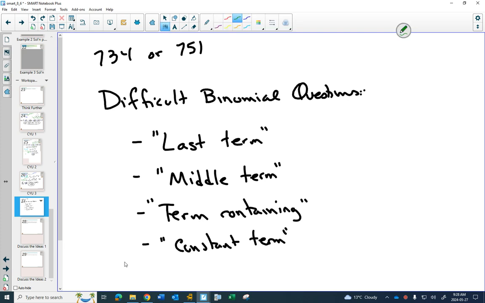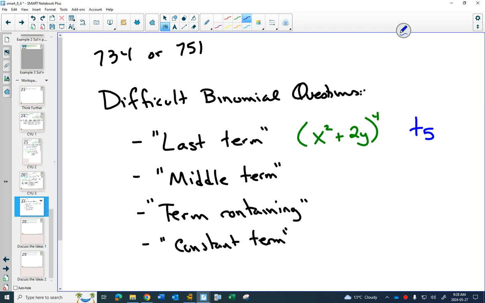So the first two are actually not too bad, but if I wanted you to find the last term of (x squared plus 2y) to the 4, which one's the last term? Well, the 4 tells you there's 5 terms. The last term in this example would be the same as saying, can you find term 5?